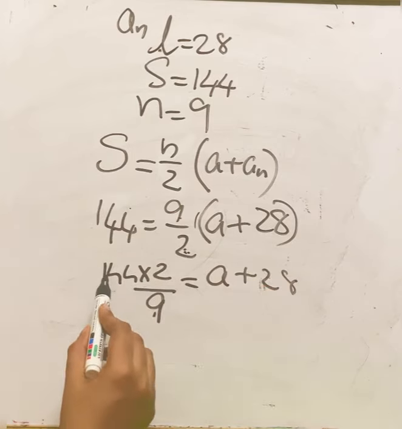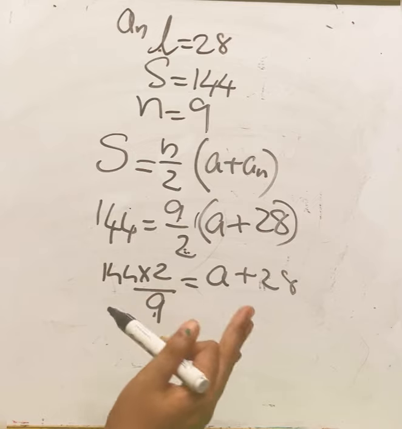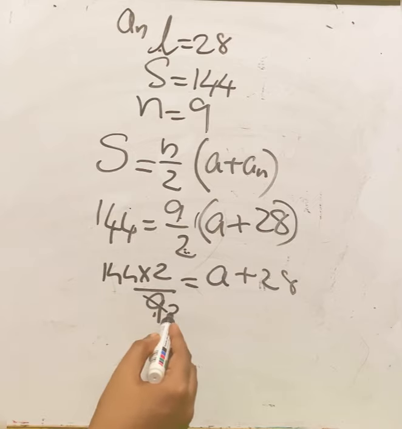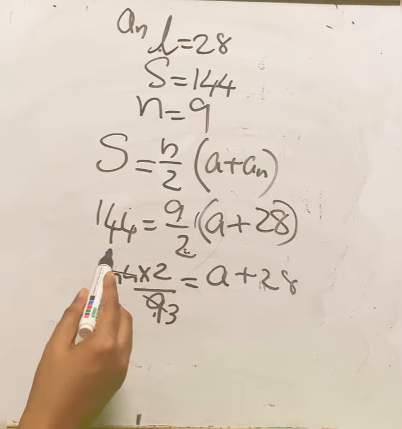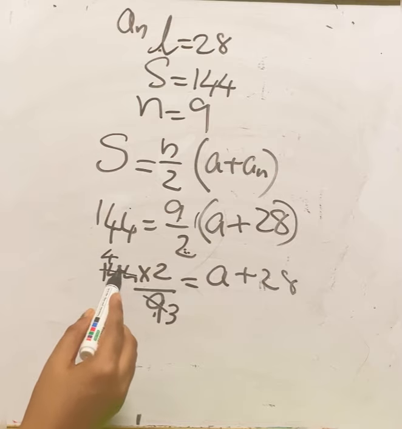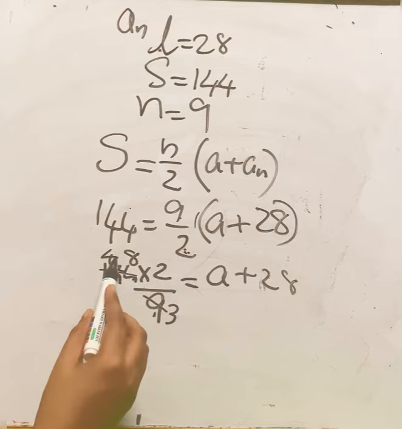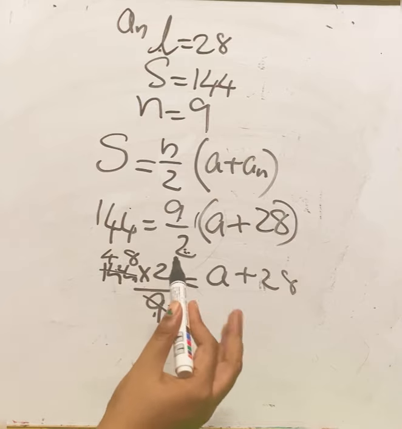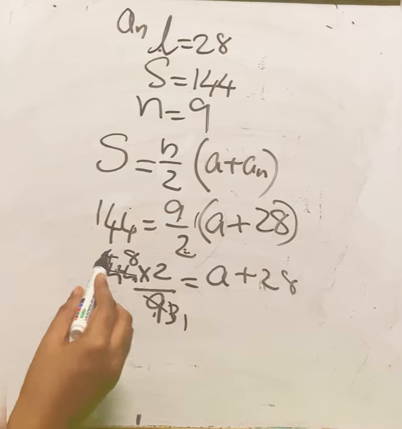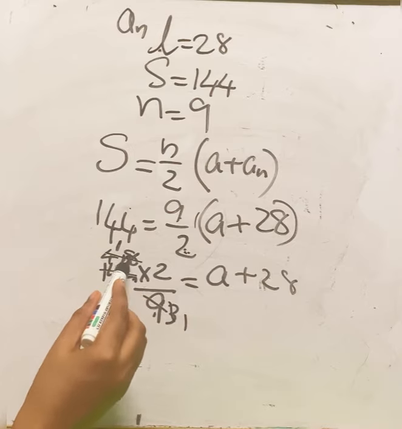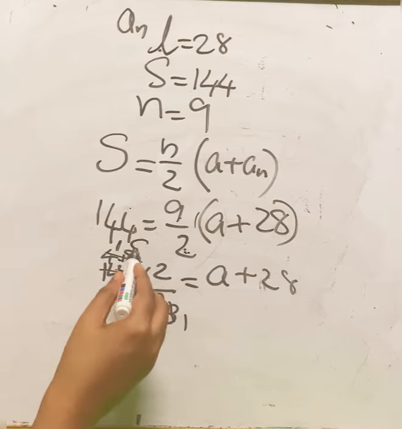Now in 144 and 9, 3 is a common factor. So 3 3s are 9. Here 3 4s are 12, balance 2, and 8 3s are 24. Again in 48 and 3, 3 is a common factor. 3 1s are 3, balance 1, this becomes 18. 6 3s are 18.